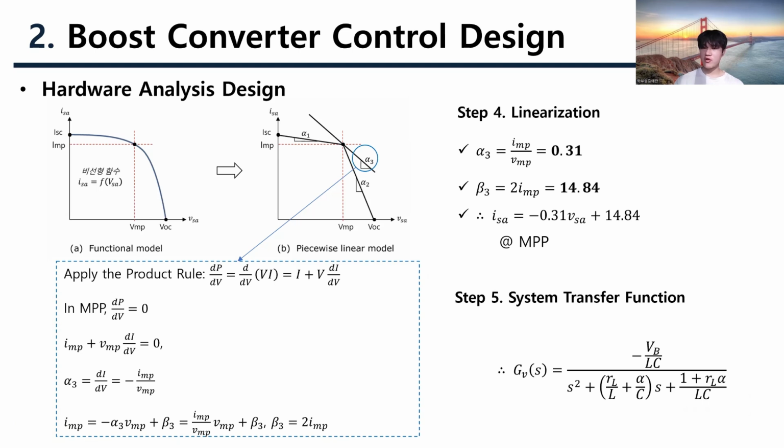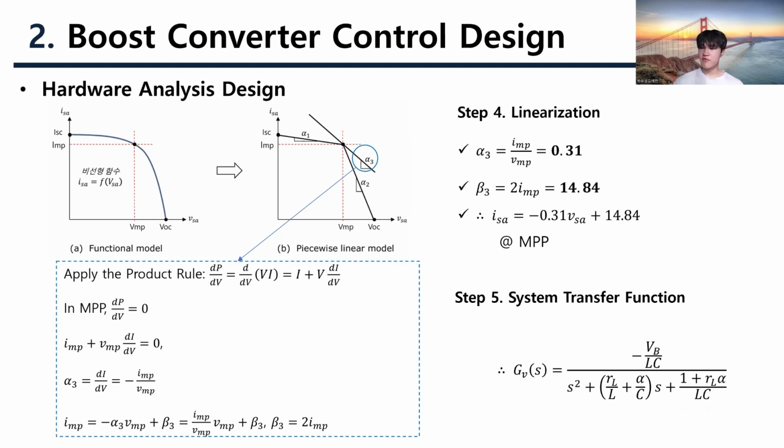The slope alpha was 0.31 and the y-intercept was 14.84, and this gives us the linearized equation like that.